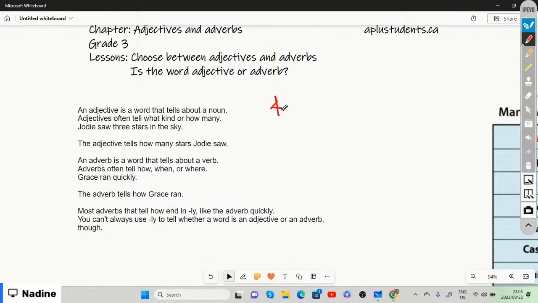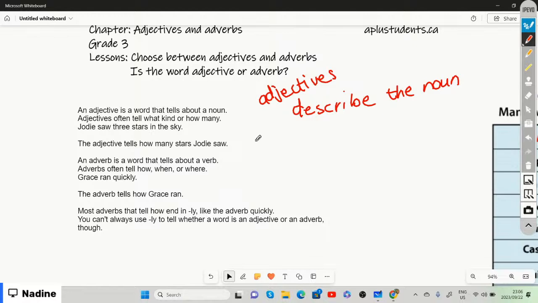So adjectives describe the noun, right? It tells us about the noun.